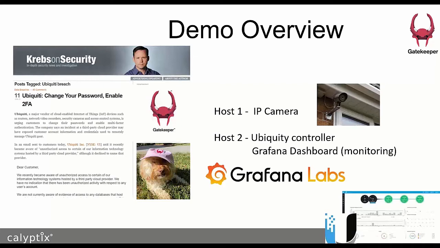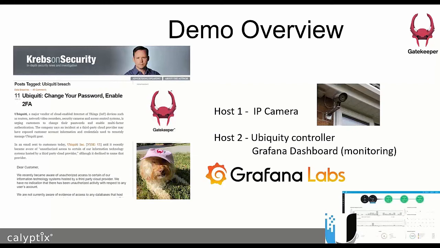All right. Well, I'm going to be basically showing Gatekeeper from the user perspective. We can go in afterwards and look at the admin side of it, but I'm going to be showing accessing Ubiquiti's Unifi Controller on an internal network. You might have seen them in the news recently.